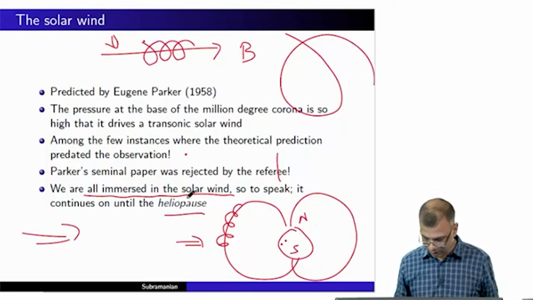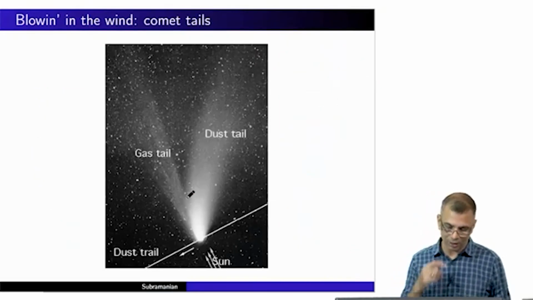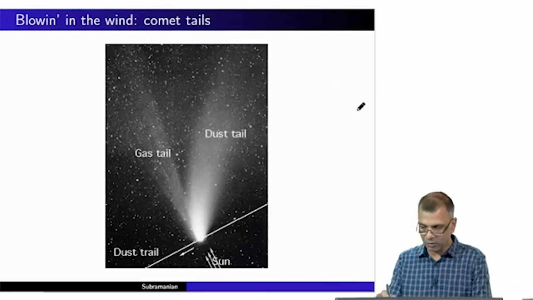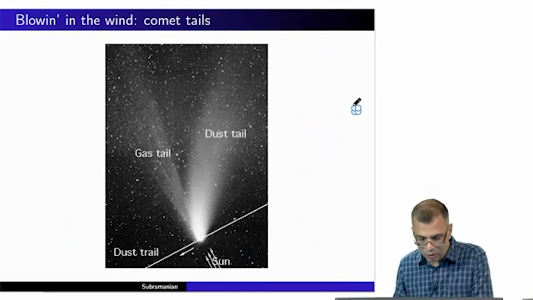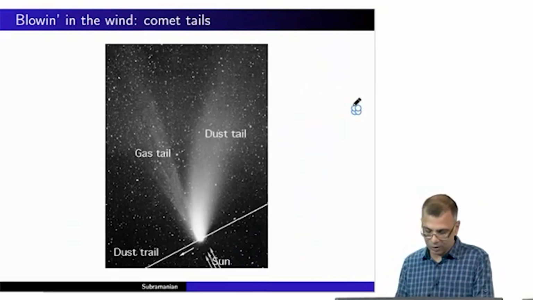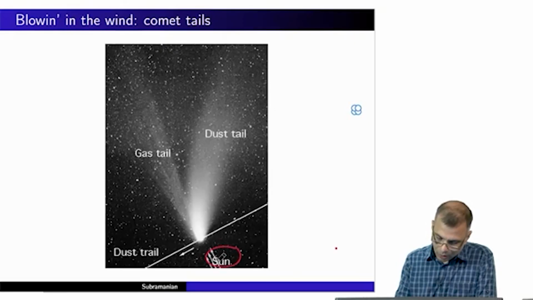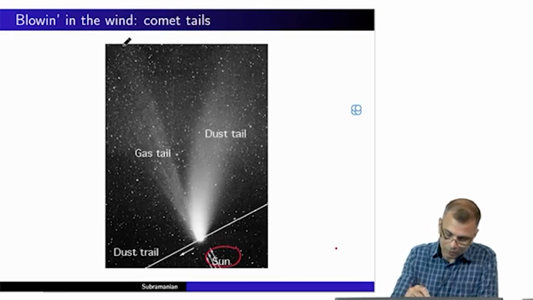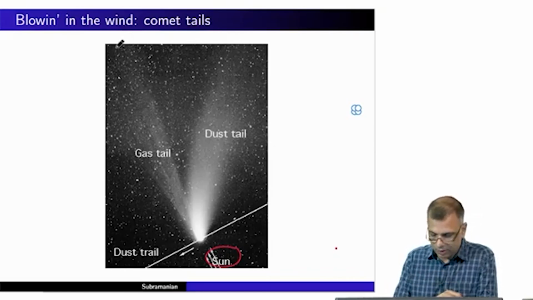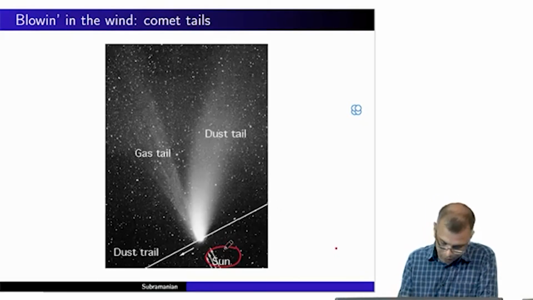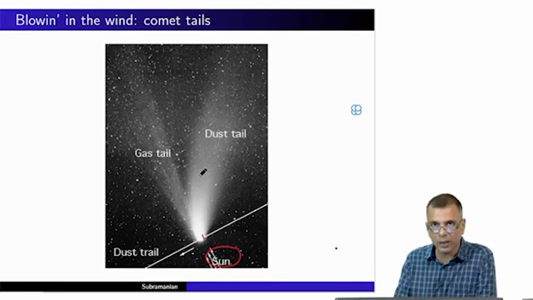So this is an interesting observation. It tells you how the solar wind was discovered. The sun is somewhere here, and these arrows point in the direction of the purported solar wind.